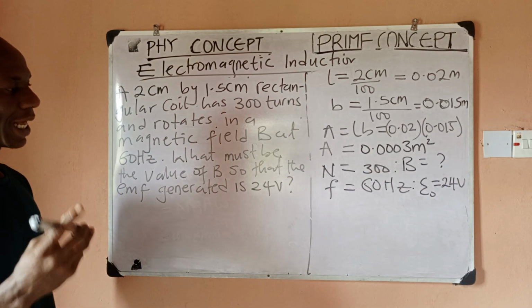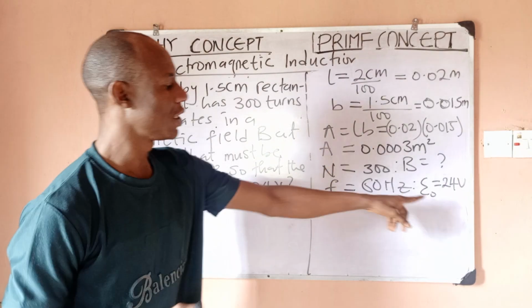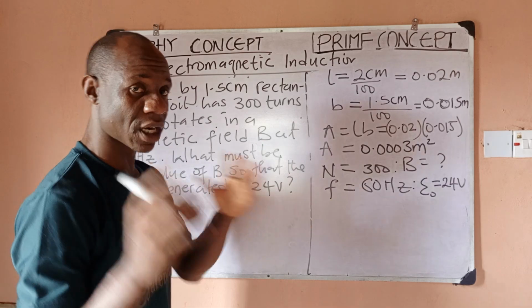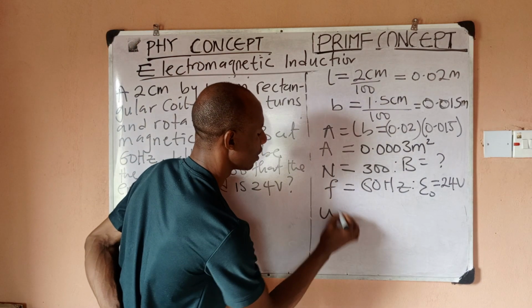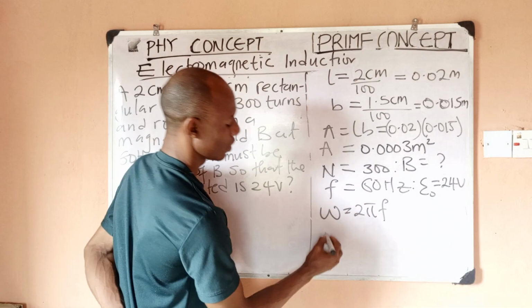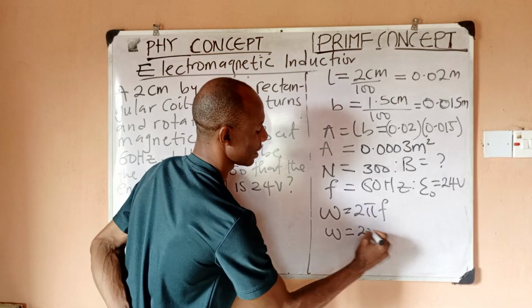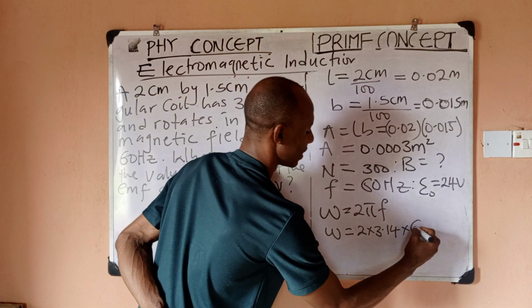So very clearly, you can see that you have the area, the number of turns, the EMF, and then you have the speed. We can get the speed since we know the frequency. So let's quickly get the angular frequency or angular speed. Omega is 2 pi f, which we know. So omega is simply 2 times 3.14 times the frequency 60.